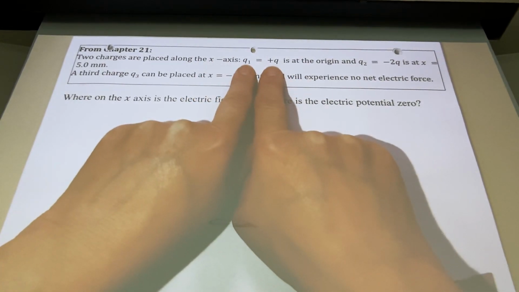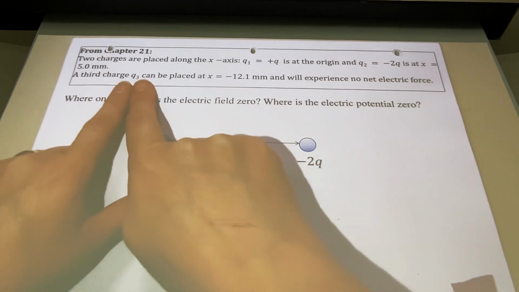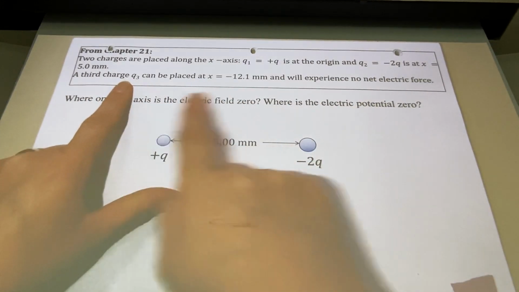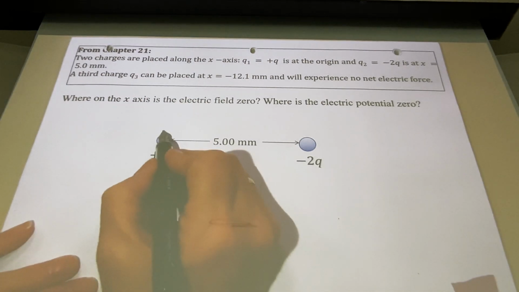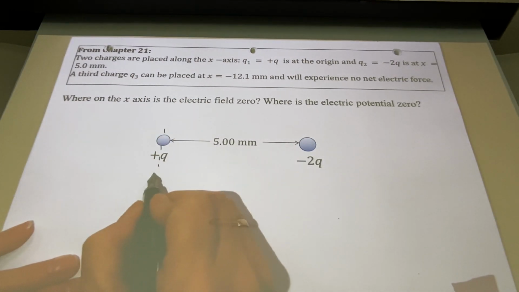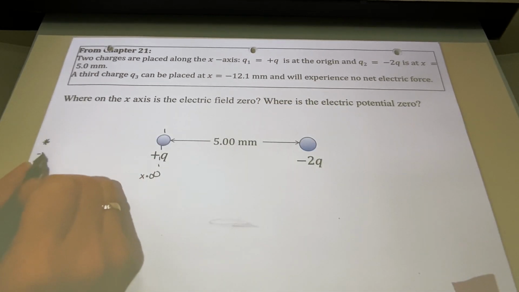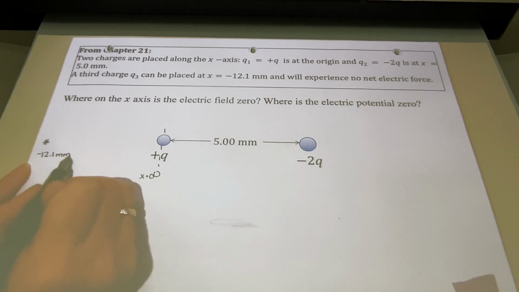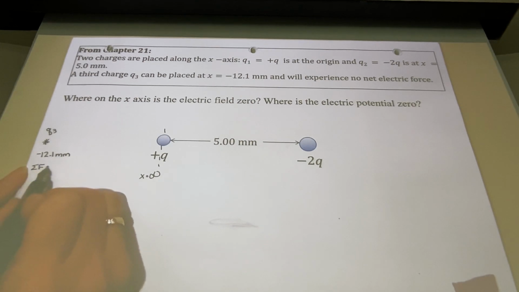Q1 was at the origin, and Q2 was at 5 millimeters. We said that we could place a third charge over here at minus 12.1 millimeters. And if we placed our third charge here, the net force on it would equal 0.